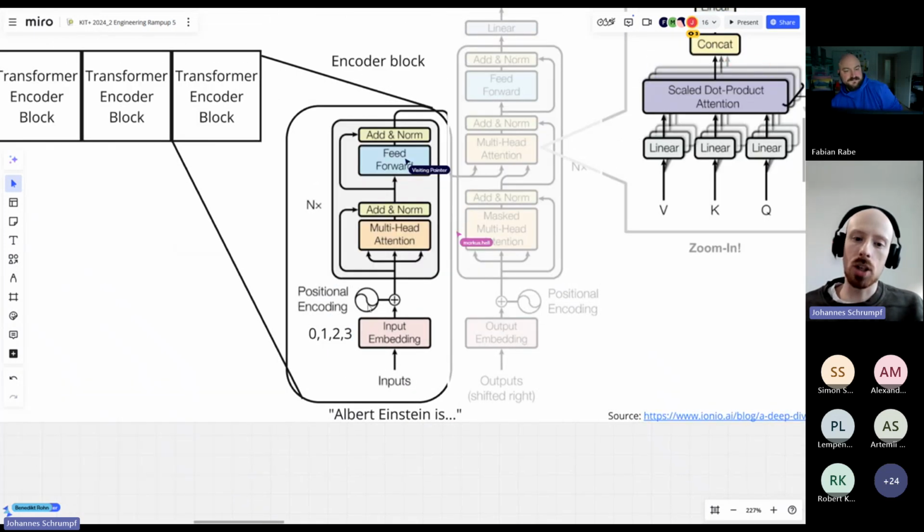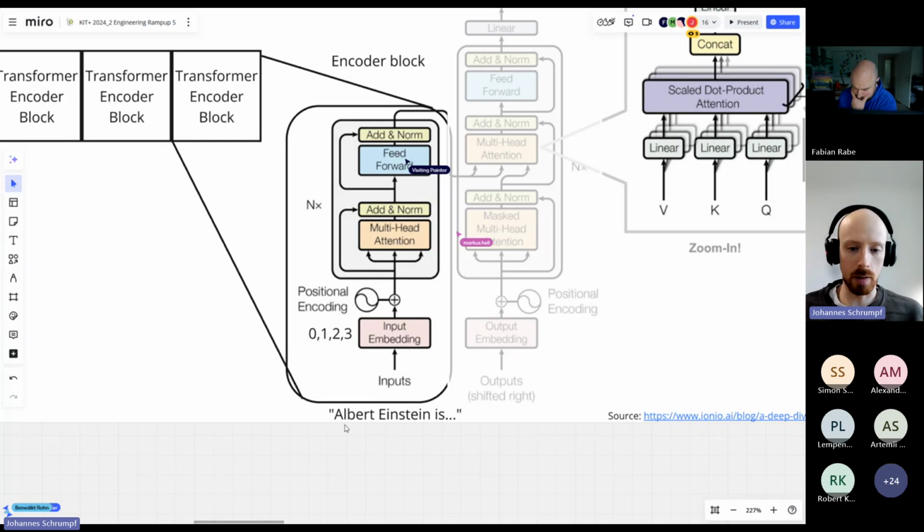Then we get a positional encoding. We don't care about this that much in this explanation, because it's not super relevant for understanding how the encoder block works in itself. The positional encoding just makes sure that the order of letters is being retained, right?